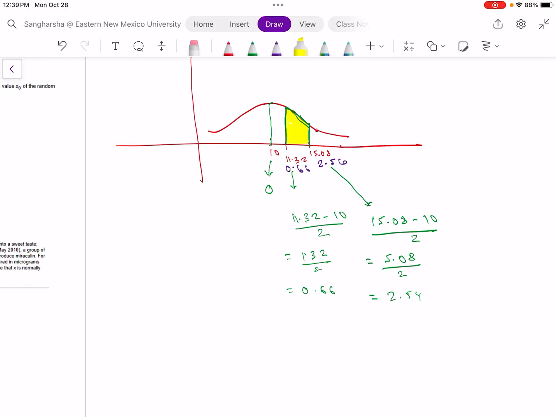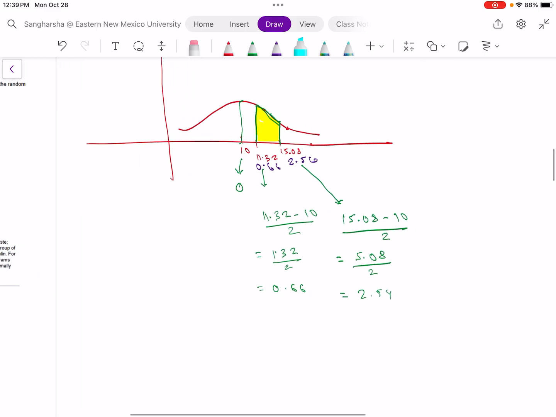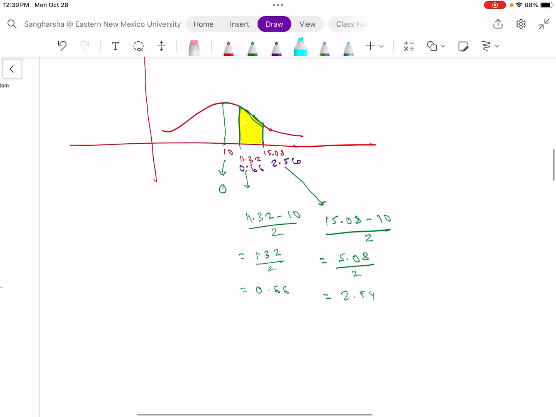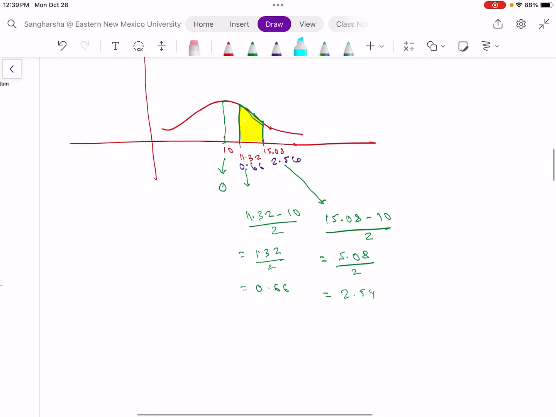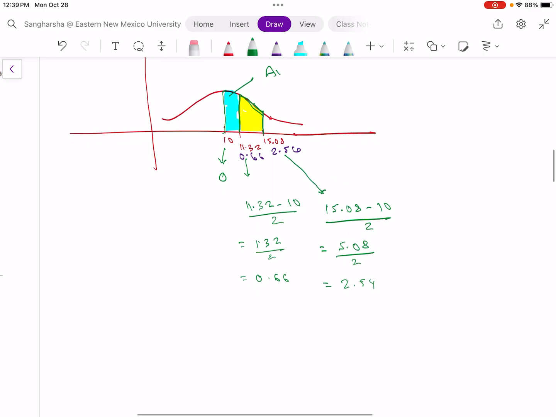How can we find this? You have to find both Z-scores. Yeah, we have 0.66 and 2.54. Now, is it possible for us to find the area of this region? Let me call this A1, okay? So this is A1. Let's find A1.